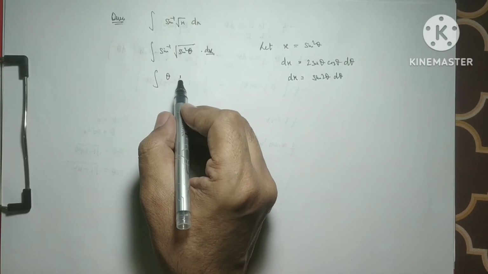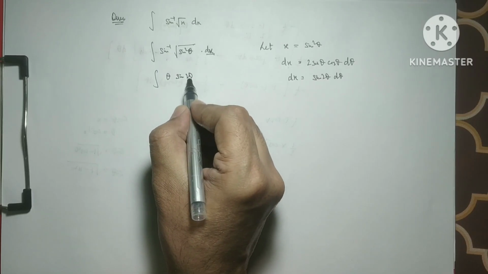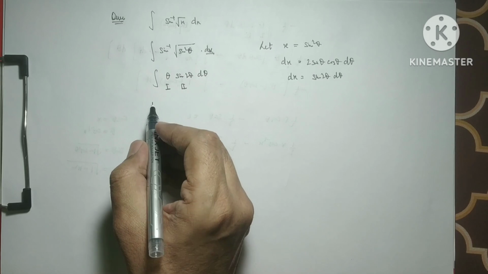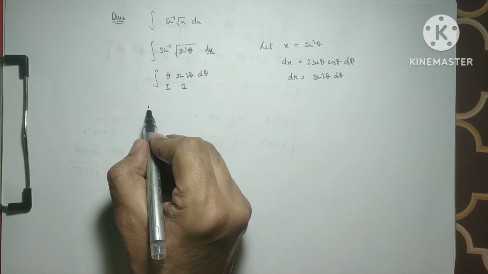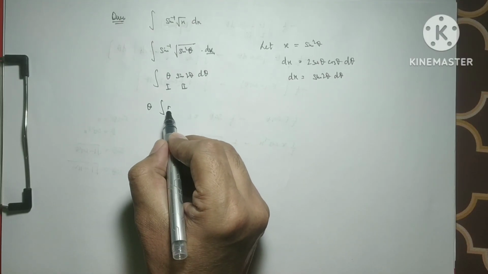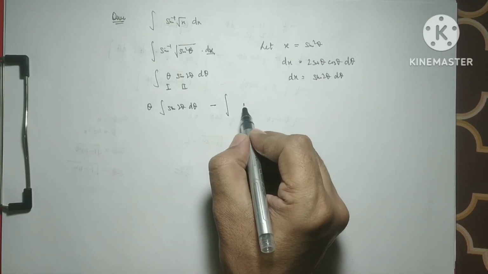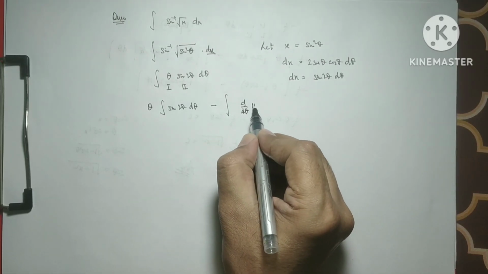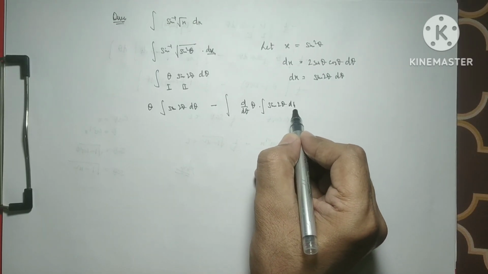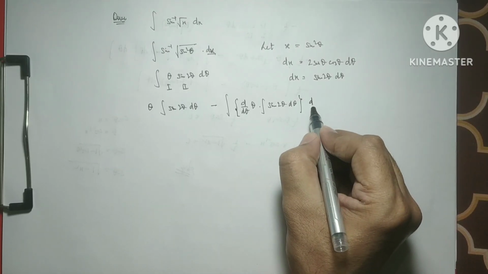So we can place this value, or again, this is the first function and it is the second. Right now we apply the by parts formula, it is theta times the integration of sin 2 theta, minus the differentiation of theta and the integration of sin 2 theta, and this is d theta.